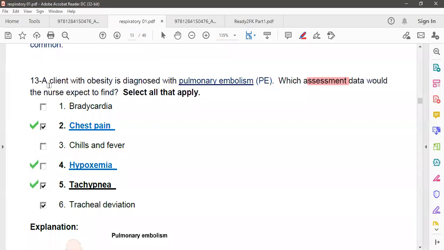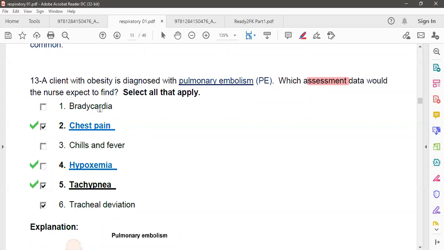Question here: the client with obesity is diagnosed with pulmonary embolism. Which assessment data should the nurse expect to find? Select all that apply. Here it's mentioning some signs and symptoms of pulmonary embolism.